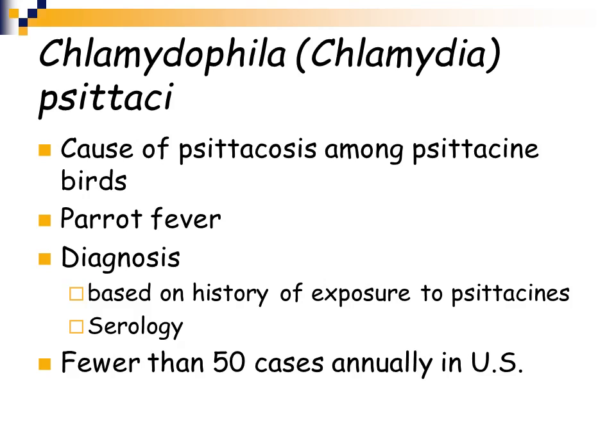Individuals that might get a Chlamydophila psittaci infection usually are going to be diagnosed based on having a history of exposure to some type of psittacine bird and can be diagnosed serologically. There are fewer than 50 cases of psittacosis annually in the United States, so it's a very rare infection.